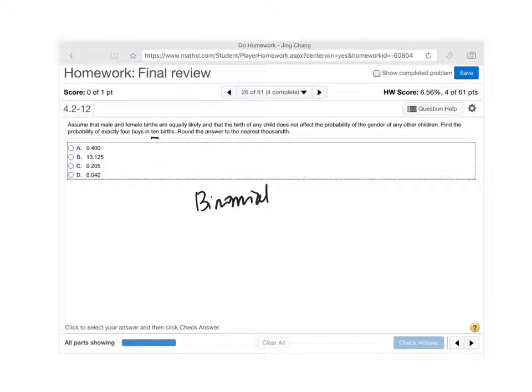So there are 10 births, so n is 10. And then the probability of success, we're talking about a boy, so a boy is a success. The probability of a success is equal to 0.5 because here it says equally likely. And we're looking for the probability that x is exactly 4 boys.